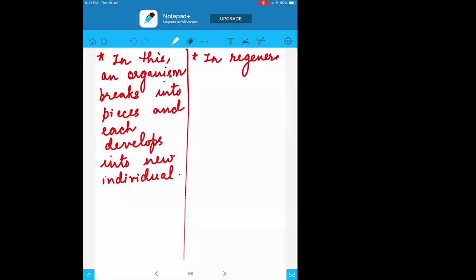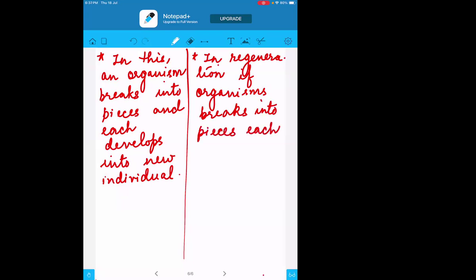Whereas in regeneration, if an organism breaks into pieces, each piece may or may not develop into a new individual.